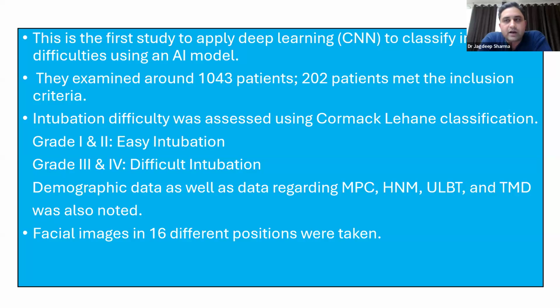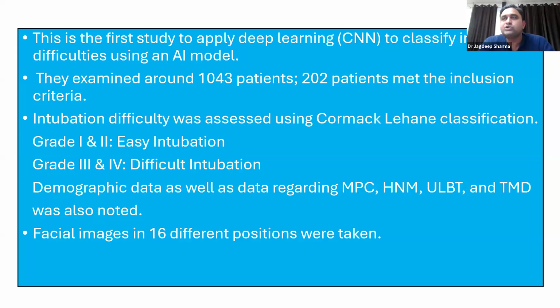202 patients met the inclusion criteria, and these 202 patients then underwent further assessment that included intubation difficulty. I already told you that the CL grade was used.